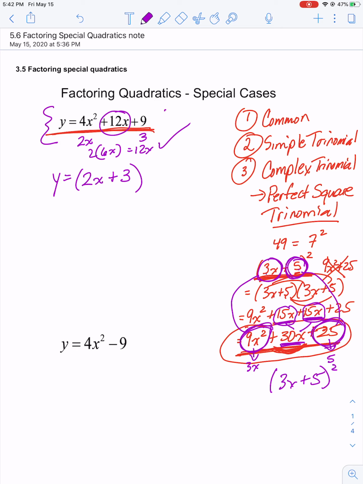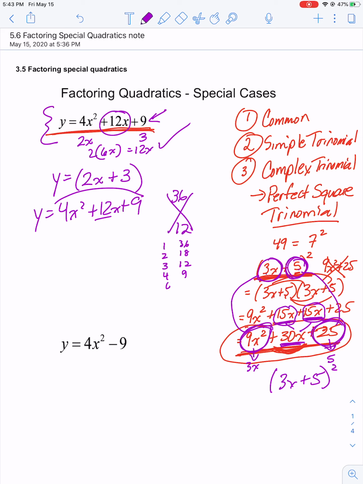This is a complex trinomial. So if you were to factor it, you can always go back to, I'll call it, first principles. 4 times 9, that's 36. They add together to give you 12. 1 and 36, 2 and 18, 3 and 12, 4 and 9, no, 6 and 6. This has got to be 6 and 6 because they have to add up to give me 12.